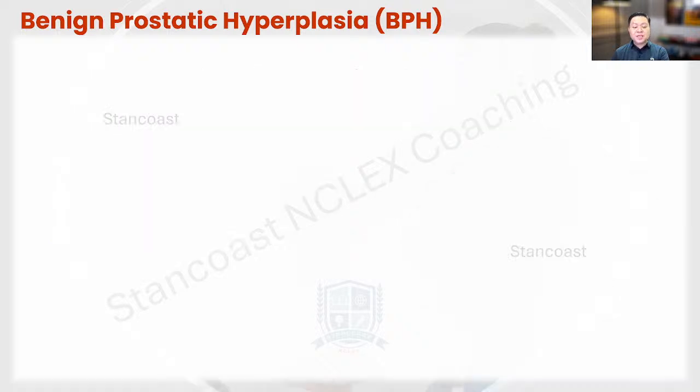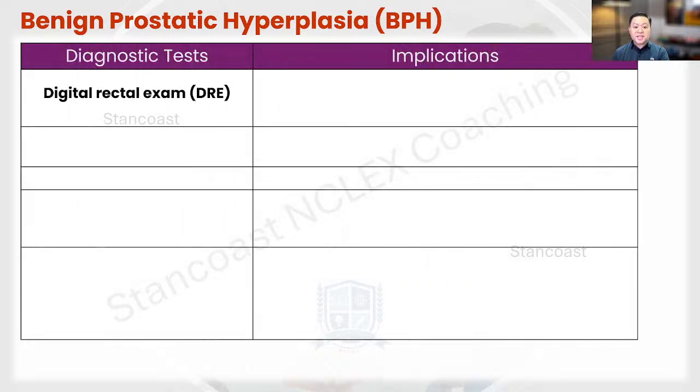Now we'll talk about the different diagnostic exams, starting with the physical examination, of course, with the digital rectal exam. We call it the DRE, and this is done primarily by the provider. It is very crucial in evaluating men with suspected BPH, because with that procedure, the provider will be able to assess the prostate size and shape, check for any nodules, and identify areas indicative of maybe some malignancy.